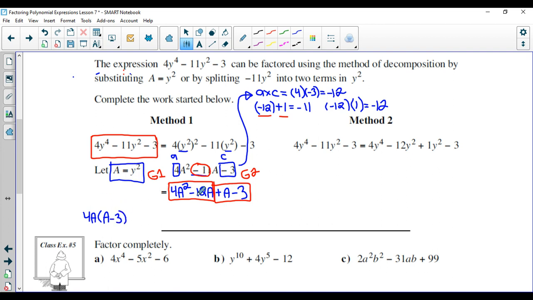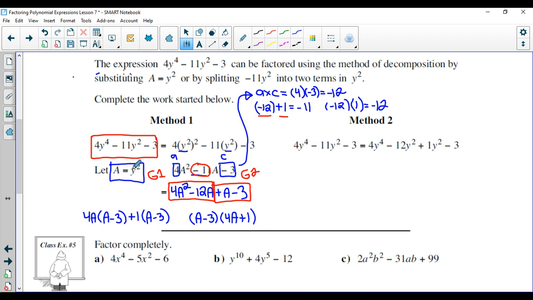The second group, the only thing you can pull out is a positive 1. So pull out a plus 1, and then you'd be left with a minus 3. And then you can pull out the common a minus 3. So you'd have a minus 3, and then 4a plus 1. But then we have to go back and do that substitution again.